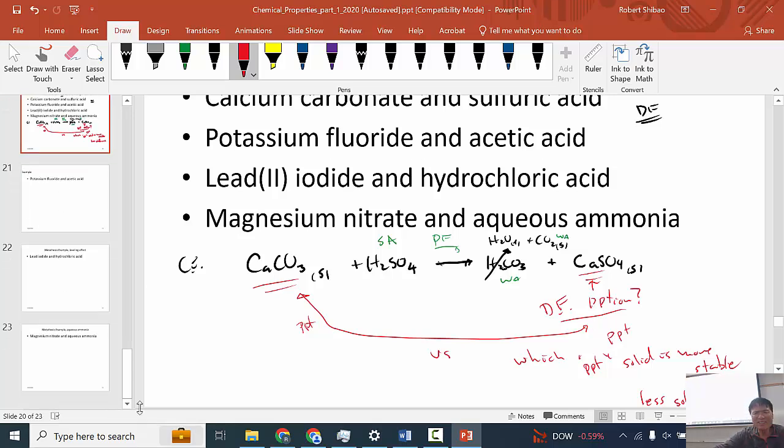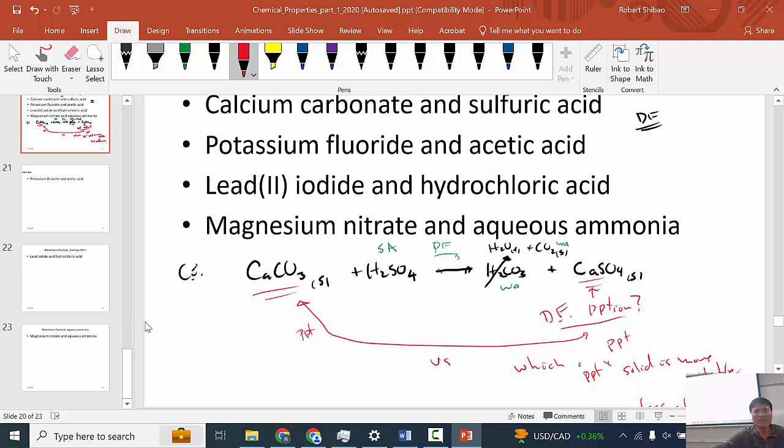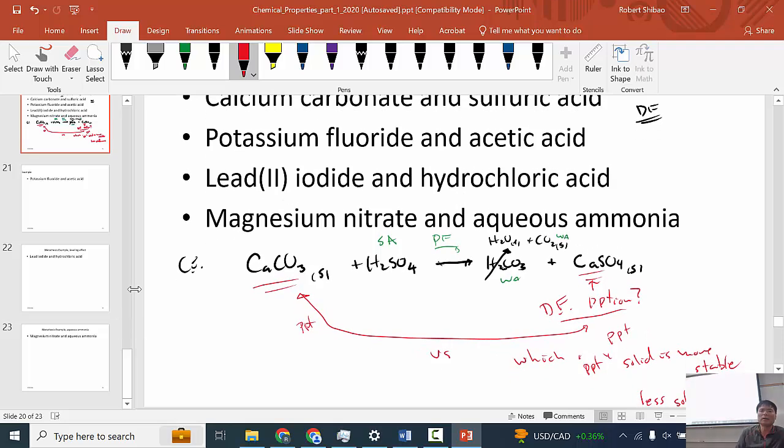And so we could take a guess at that using some bonding, but it might not be so easy. So for sure, all we need is one driving force, and we already have that. And so it doesn't matter what this is, whether it's a driving force or not.